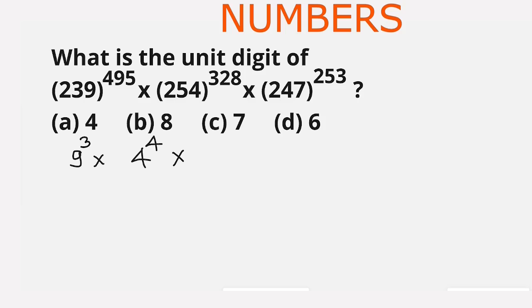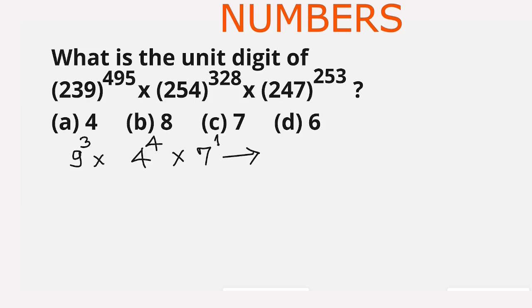We will take the last digit of 247, which is 7, and we divide 253 by 4, and we know that 13 times 4 is 52, and 53 minus 52 is 1. So we write it as 7 to the power 1, and this gives us 9 to the power 3.